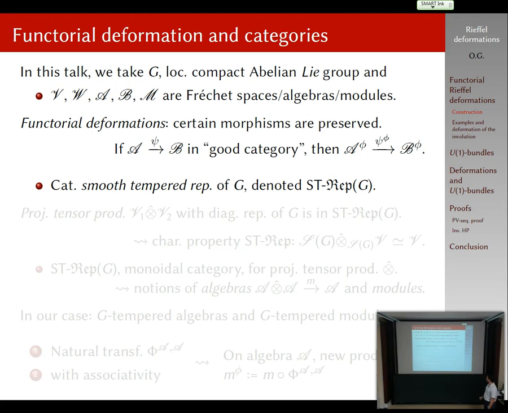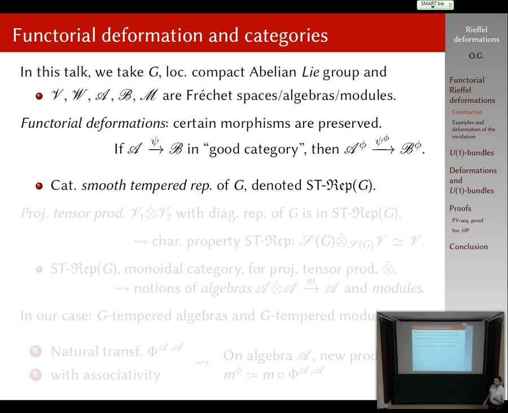The category we're going to use is that of smooth tempered representations of G. We'll denote it this way, but we won't see that symbol much. Smooth means what you expect since we are looking at Lie groups. It also has a meaning for more general locally compact abelian groups, but we won't discuss that.